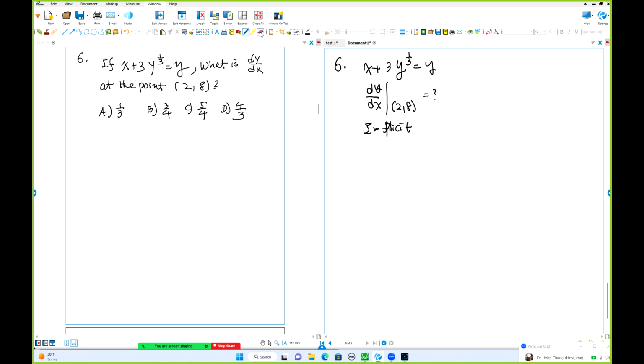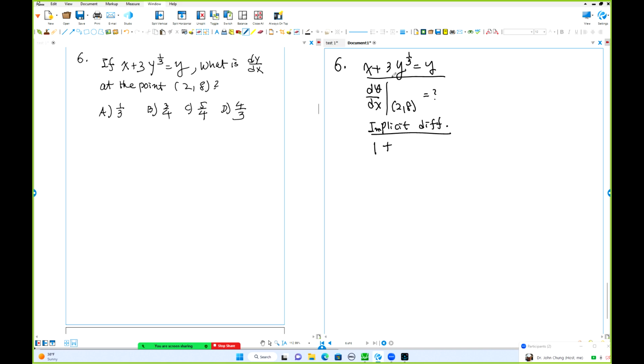Implicit differentiation. So what is the implicit differentiation? The derivative of x is 1.